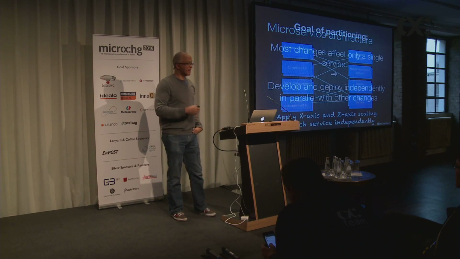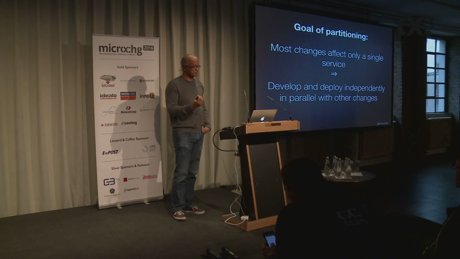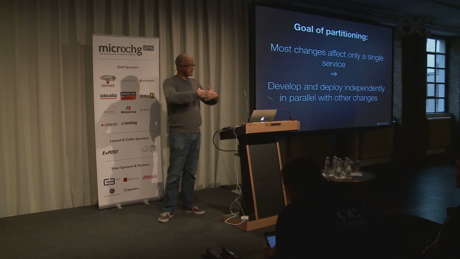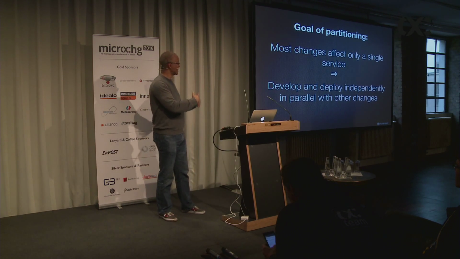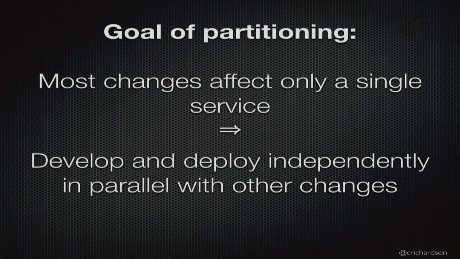So one thing to bear in mind is that the goal of partitioning is to break things up so that most changes only impact a single service, right? And that's going to enable us to parallelize development, so we can work on all of these services independently without a whole lot of coordination between the developers who are working on each service.